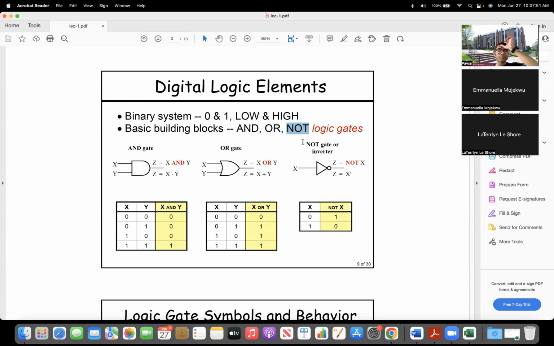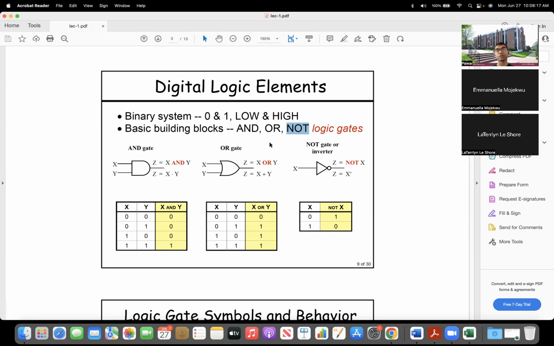So the gates can be, say, an AND gate, right? So this and that. Or the gate can be an OR gate, this or that, or it can be a NOT gate, this or not that, right? So it's the exact opposite. So let's look into these logic gates.